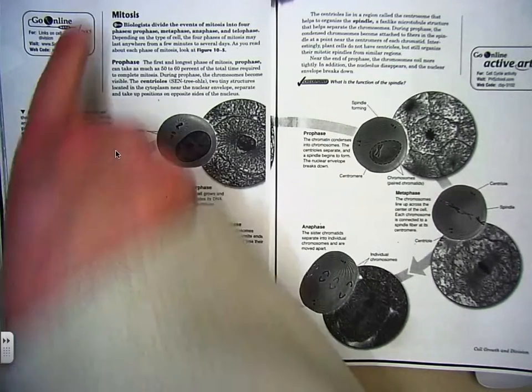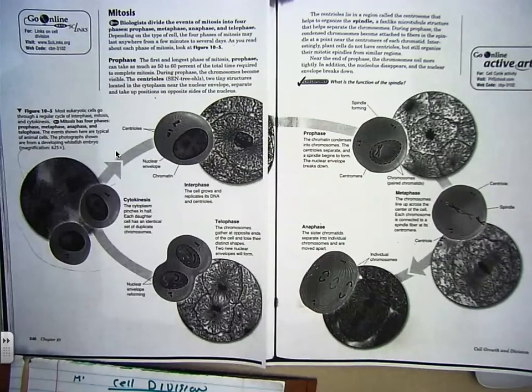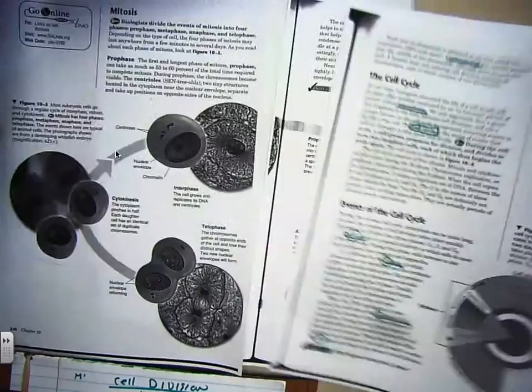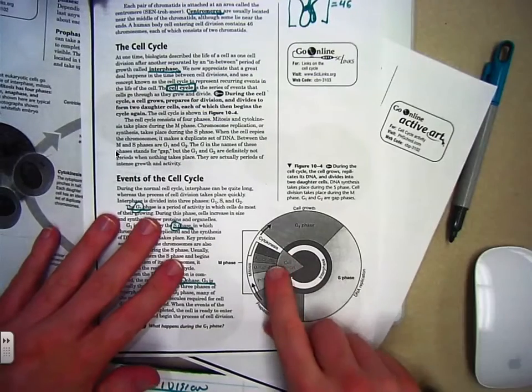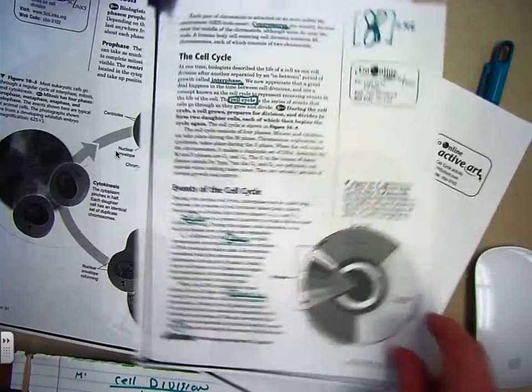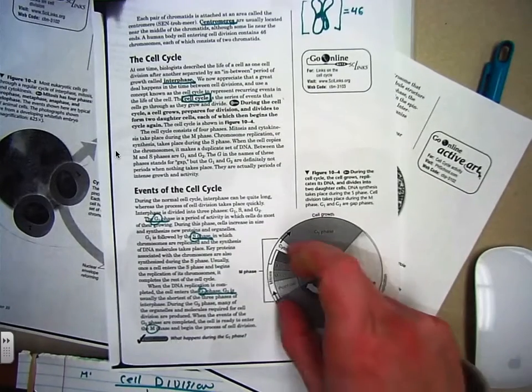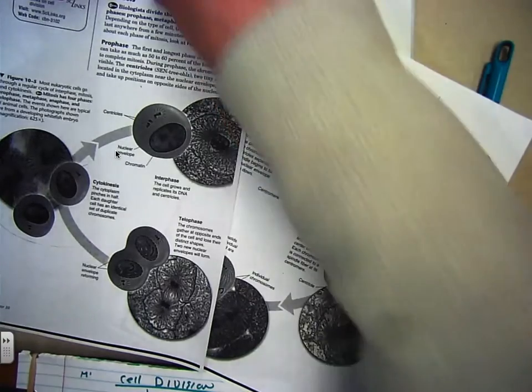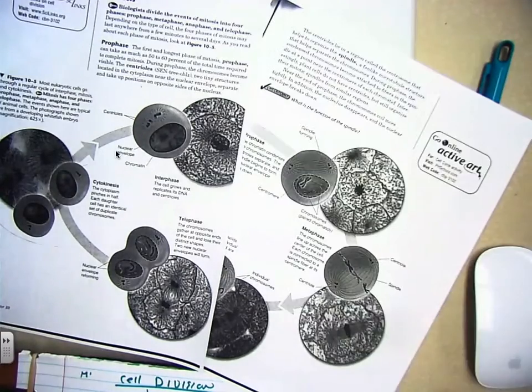Now we're going into mitosis. Mitosis is this part of the circle. It has 1, 2, 3, 4, 5 steps, and these 5 steps happen quickly, and that's why they're small on the pie chart. But they're important, and I want you to know exactly what happens in each one.